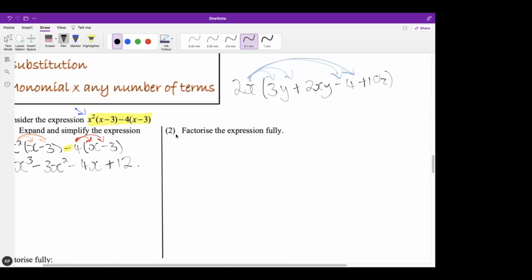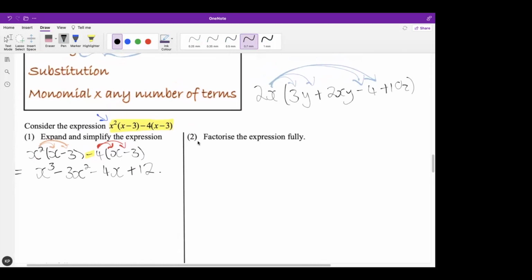Okay. Let's look at the second instruction, which said factorize. And once again, x squared times x minus 3, and then minus 4 times x minus 3. Now, what is the first thing that I said we look out for when we are factorizing?